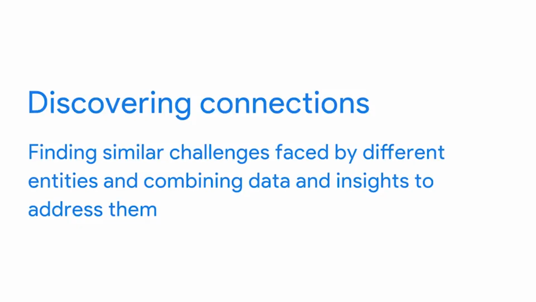Now, the problem type of discovering connections enables data analysts to find similar challenges faced by different entities, and then combine data and insights to address them. Here's what I mean. Say a scooter company is experiencing an issue with the wheels it gets from its wheel supplier. The company would have to stop production until it could get safe, quality wheels back in stock.